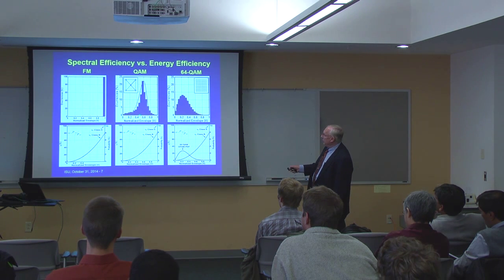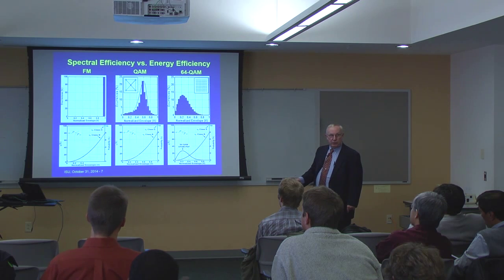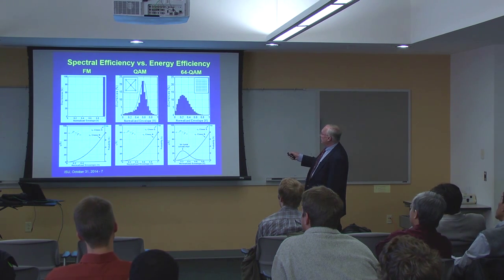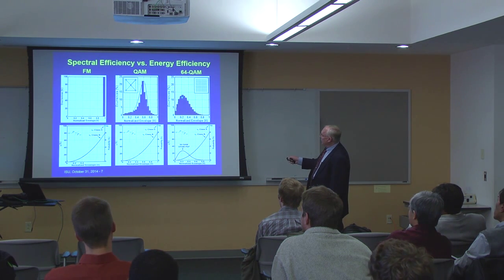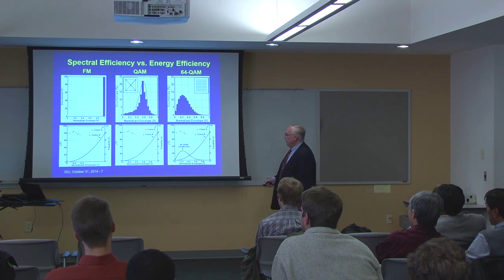What this shows is the distribution of amplitudes for that particular standard. As you can see here, the majority of the signals sit at about 60% of full scale. And if we go to 64 quadrature amplitude modulation, which is shown here in this constellation, then most of the signals exist around 25% level or so. So we'll come back to that in a minute.